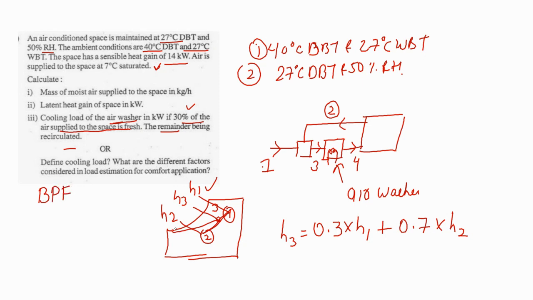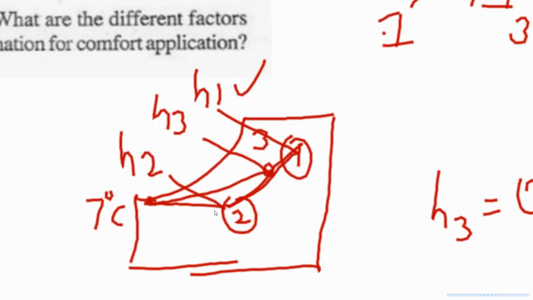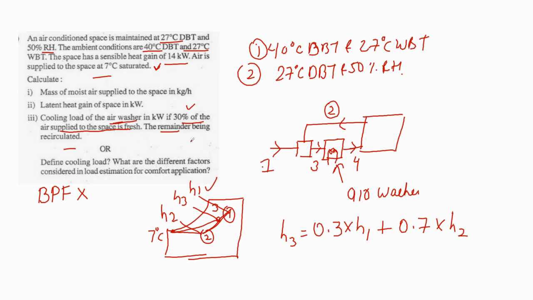So this line will join to the point of 7 डिग्री सेल्सियस। हम यहाँ से एक लाइन खींचेंगे जो 7 डिग्री सेल्सियस पर स्ट्राइक करेगी, और फिर इस वाले पॉइंट को हम डायरेक्टली 2 से जोड़ देंगे। क्यों करेंगे ऐसा, क्योंकि बाईपास फैक्टर हमें कुछ भी नहीं दिया है। अगर बाईपास फैक्टर दिया होता तो क्या होता, देखिए मैं इसको जूम कर देता हूँ ताकि आपको अच्छे से समझ में आए। अगर बाईपास फैक्टर यहाँ पे दिया होता तो ये जो 2 वाली लाइन है ये डायरेक्टली इससे नहीं जुड़ती, यहाँ कहीं पे ज्वाइन होती। ओके, आई होप दिस थिंग इज क्लियर टू यू.